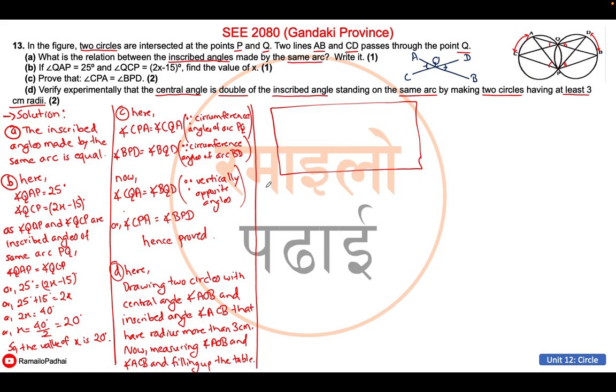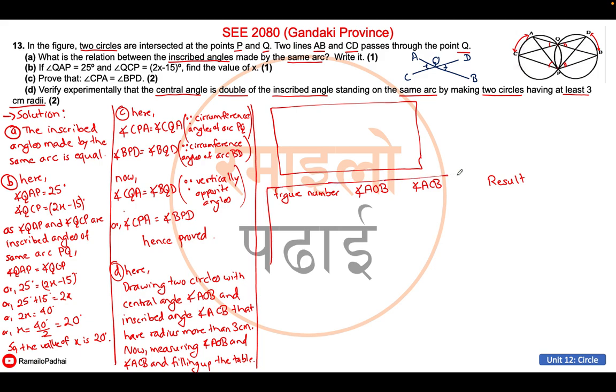So the table will look like this. Figure number, angle AOB, angle ACB, and result. Fine.